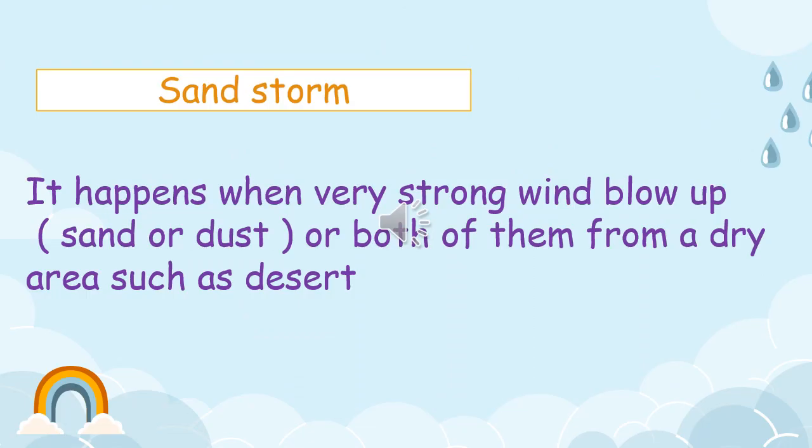Have you ever heard the word sandstorm or dust storm? Do you know the reason that forms the sandstorm? The sandstorm is formed when a strong wind is blowing on an area, and this causes the formation of a dry place, which we call a desert.